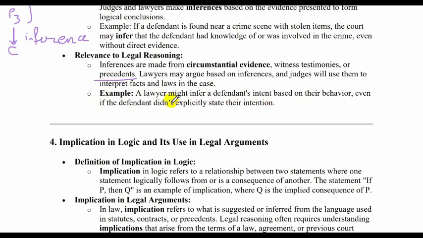Even if the defendant doesn't say something explicitly, the lawyer can infer from how he behaved and come to a conclusion showing what the defendant's intention was.